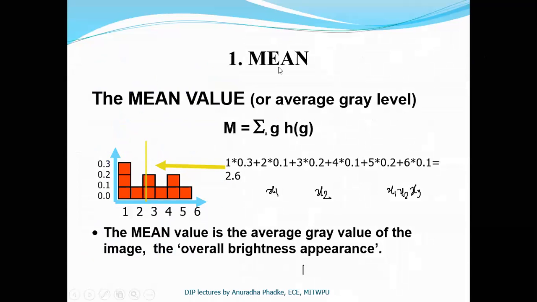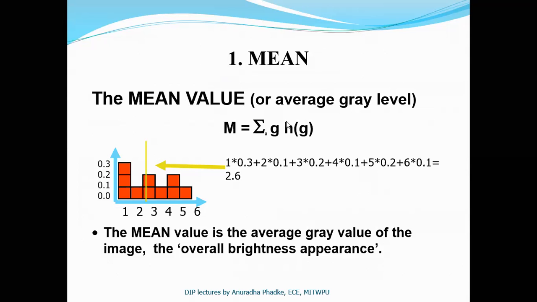Then the normalized histogram is also useful to determine statistical parameter values for the given image. Let me erase these extra characters from the screen. Okay. So mean value, all of us know, is the arithmetic average of all the pixel values present in the image.